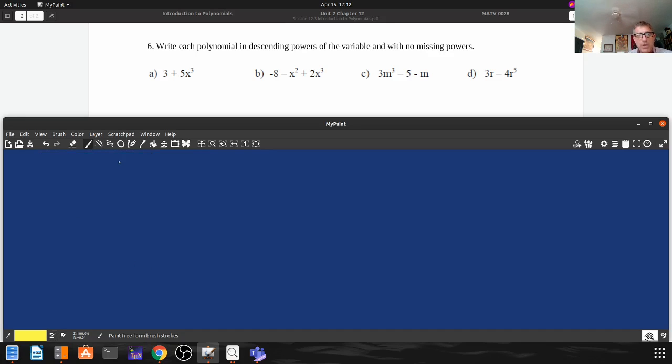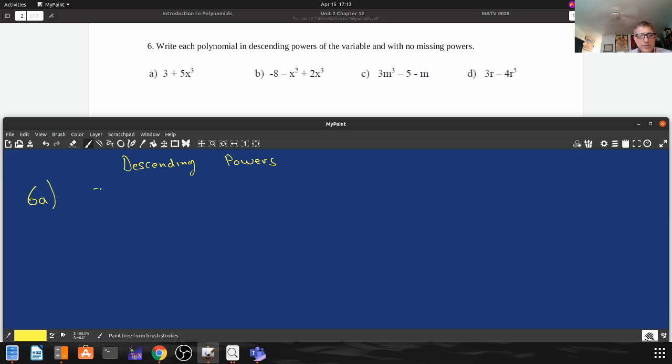But what we want to do is arrange them in descending powers. So let's look at the first one. And we don't want to have any missing powers. So let's look at 6a.